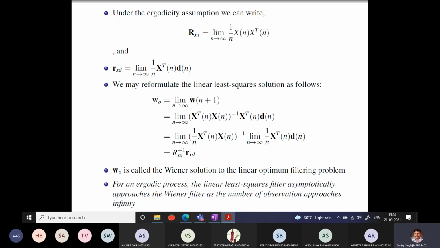So for an ergodic process, the linear least square filter asymptotically approaches the Wiener filter as the number of observations approaches infinity. Ultimately, what I mean to say is that whatever linear least square filter you have designed, if the number of observations is increasing and it is trained based on that, and we have seen that it converges in one iteration only, it asymptotically approaches the Wiener filter solution.